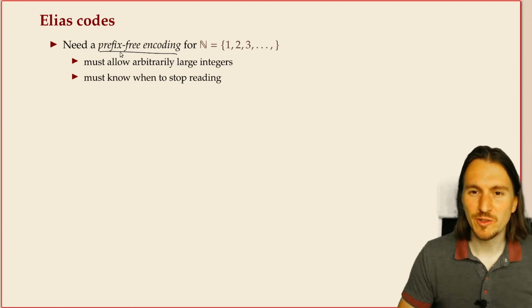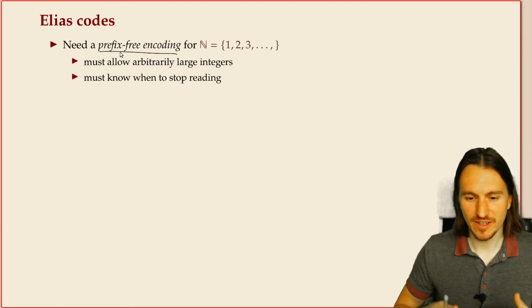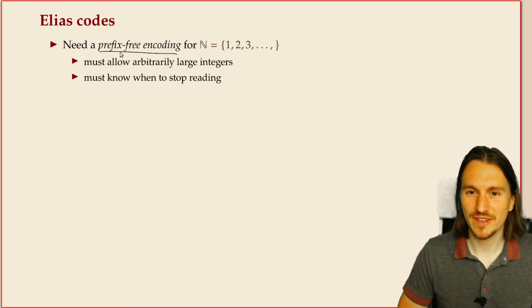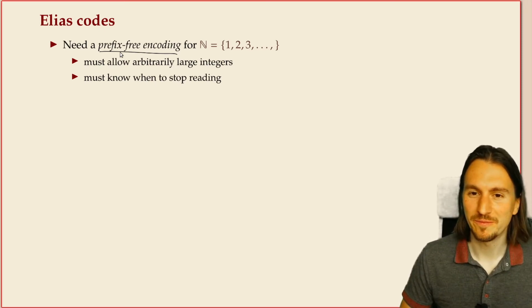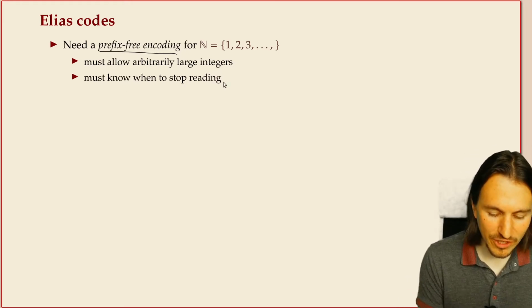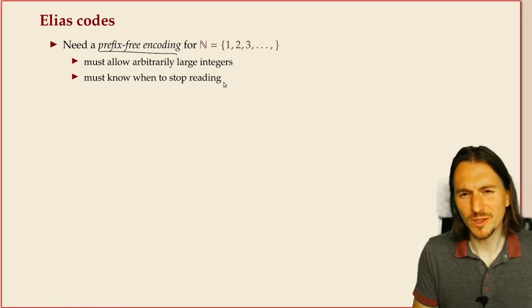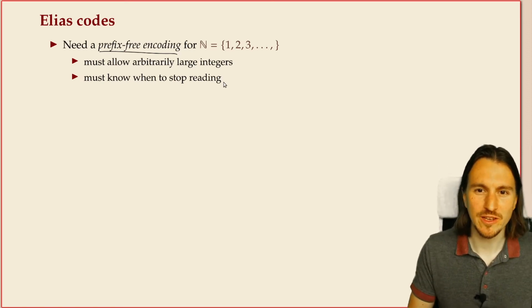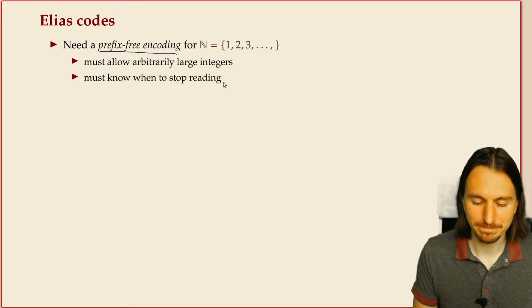But we need the encoding to be prefix-free so that we can represent all possible integers, and we can decode that unambiguously. That's the key thing. The challenge is to know when to stop reading. Well, that's the same thing as saying prefix-free. If it has to be prefix-free, it must be obvious when you have to stop reading.